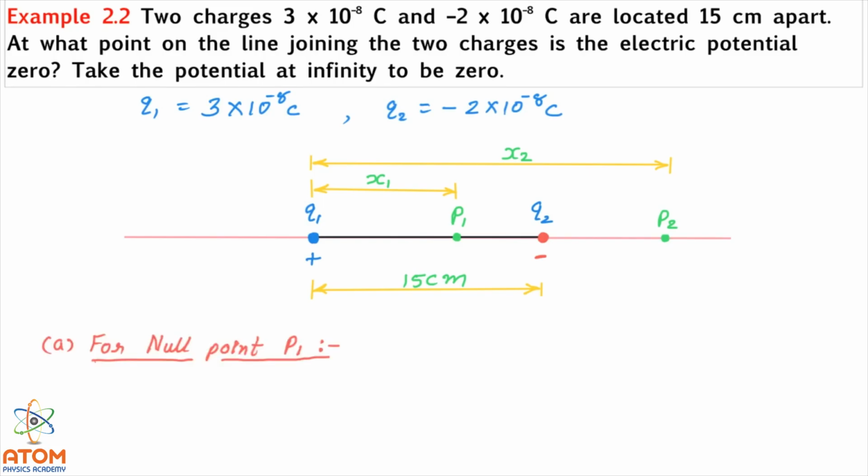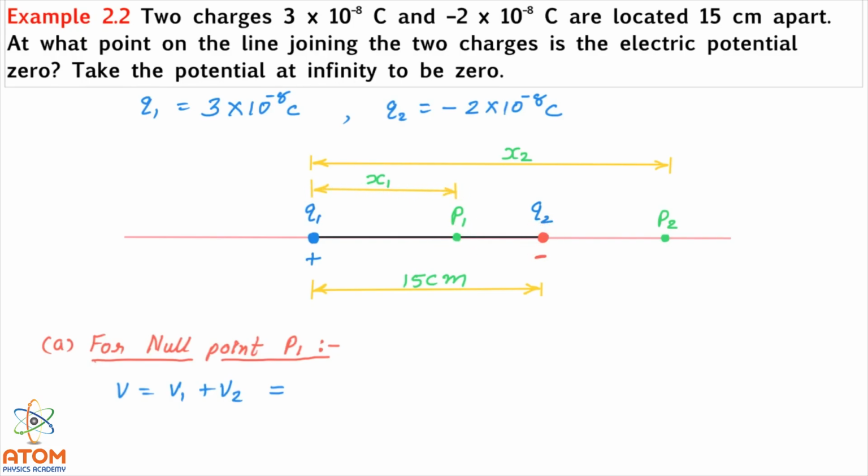For the null point P1, we can write the potential V is equal to V1 plus V2. Here V1 and V2 are the potentials of charge Q1 and Q2. Obviously they are point like charges, and that's why we can use the equation KQ upon R. Now for Q1 we have to take the distance x1.